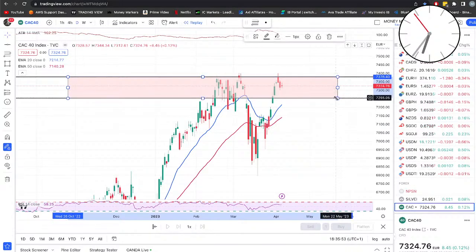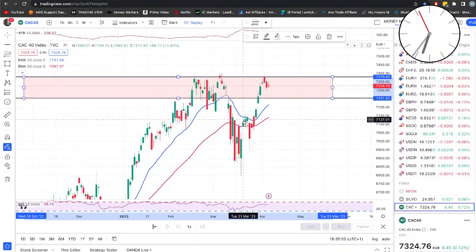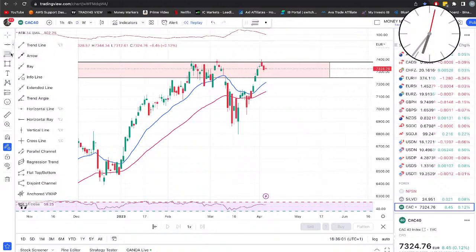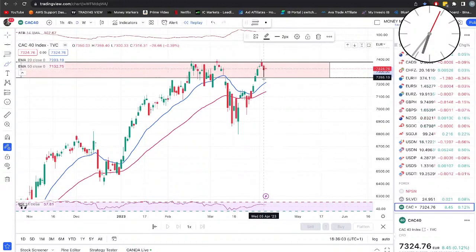So we can expect a possible fall from this index, and price is in a very nice uptrend. So I'm not expecting a very big fall. What I'm expecting is a fall to 50 EMA, and then it can push up again. So it can fall till 50 EMA, wherever the 50 EMA is on the charts. At this point, it's at 7141.